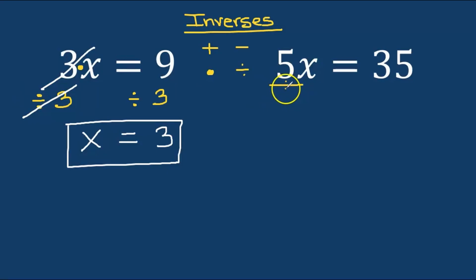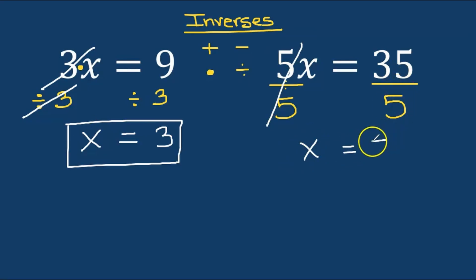It's as if it has two little dots on the top and the bottom. And we also have to do exactly the same thing to the other side. 5 divided by 5 is 1. So that leaves us with a single x. And 35 divided by 5 is 7. And that's our answer for the second equation.